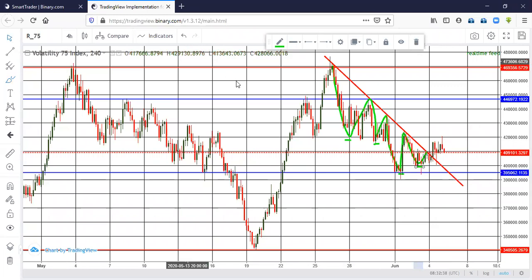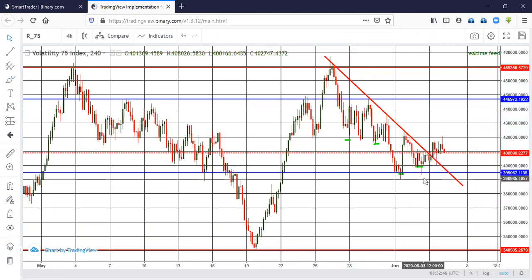So what does that mean for us? This simply means that the trend which was there has now gone, and this area has actually given us what is referred to as a breakout. So from the downtrend which we had here, we now have a breakout which has actually happened here.